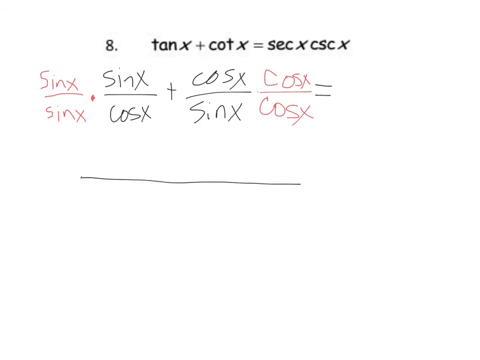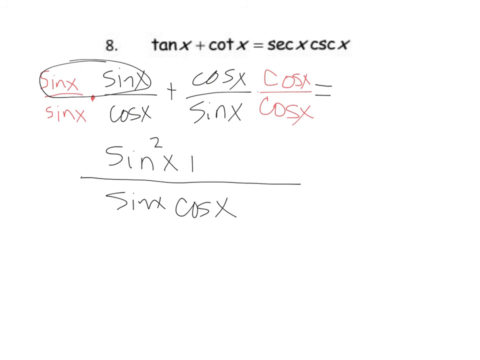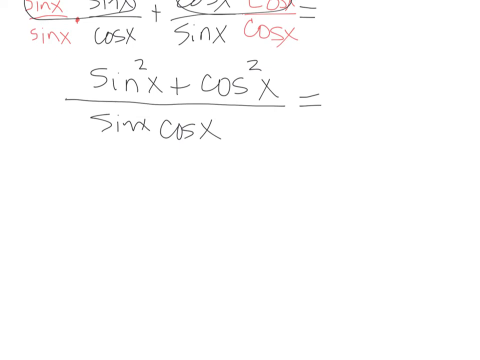So my like denominator is sine x cosine x. And in my first numerator, I have sine times sine, which would give us sine squared, plus this numerator, cosine times cosine, is cos squared. Sine squared plus cosine squared, I want to look for the Pythagorean identity. It equals 1.